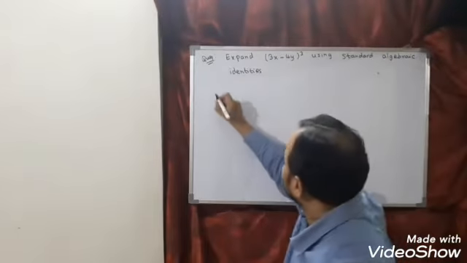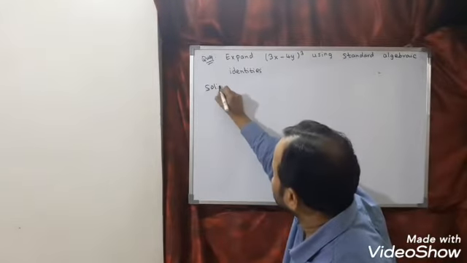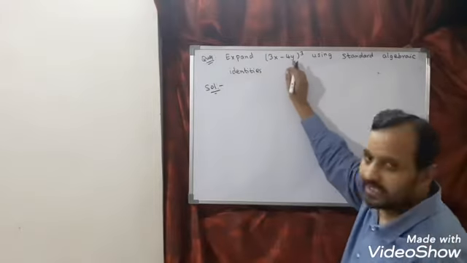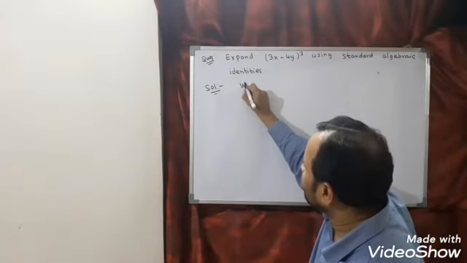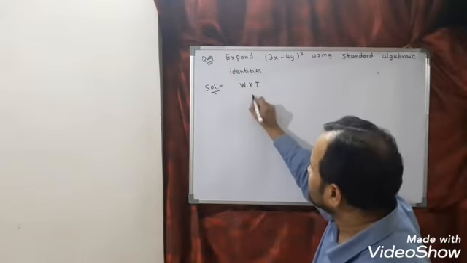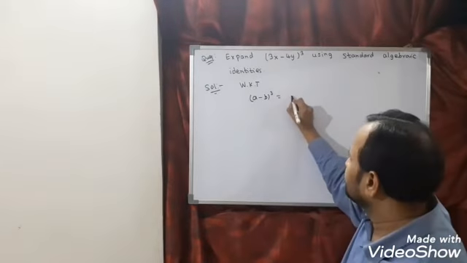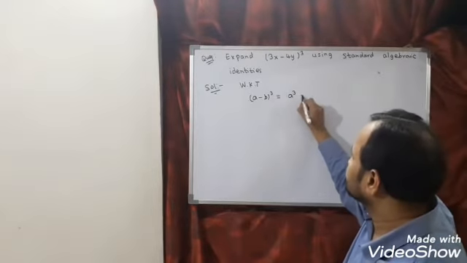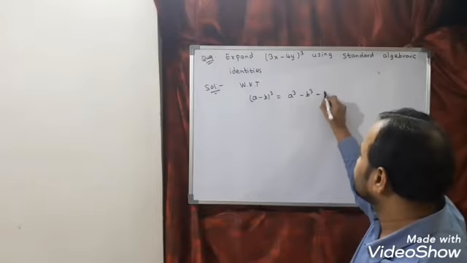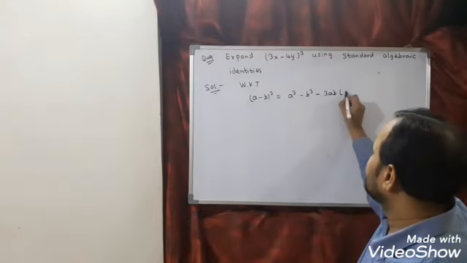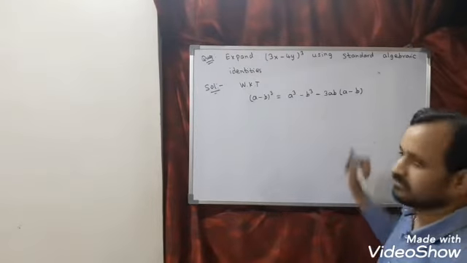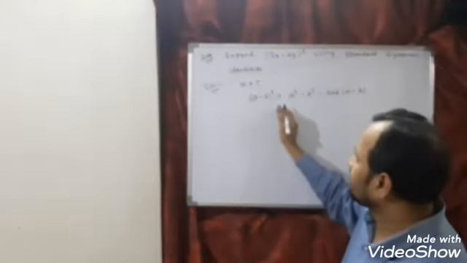Now look here. So this we can write as, first of all, a minus b whole cube. What is the formula of a minus b whole cube? So we know that the a minus b whole cube formula is a cube minus b cube minus 3ab into a minus b. So I am making use of this identity.